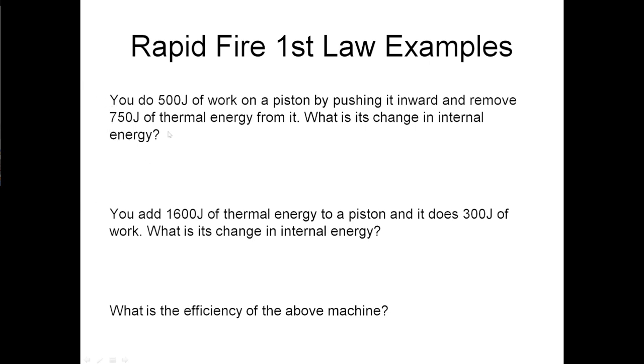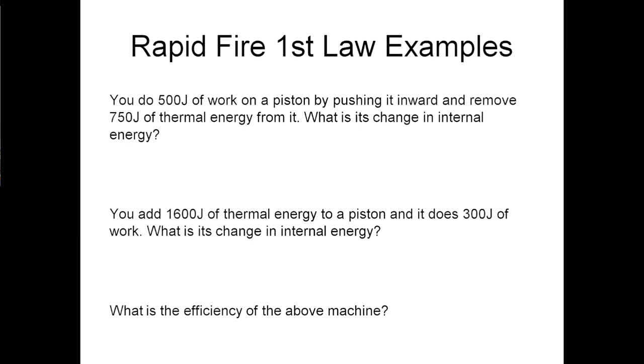This specific example is asking about what happens when you do work on the piston by pushing it inwards where it normally would be expanded and extended. So we're taking the piston and manually pushing it back inside. We're doing 500 joules of work by doing that.